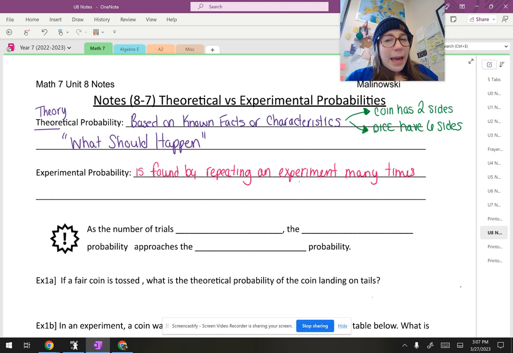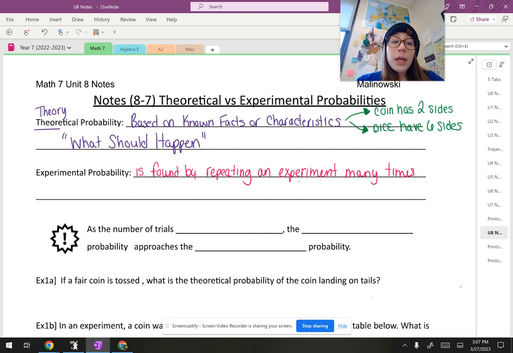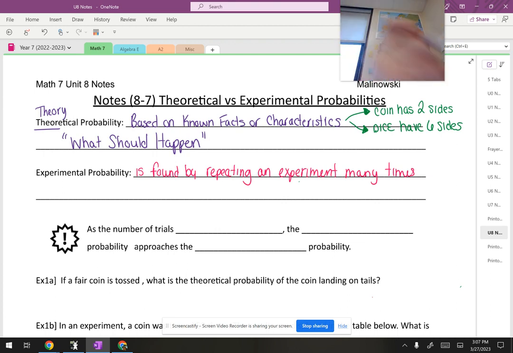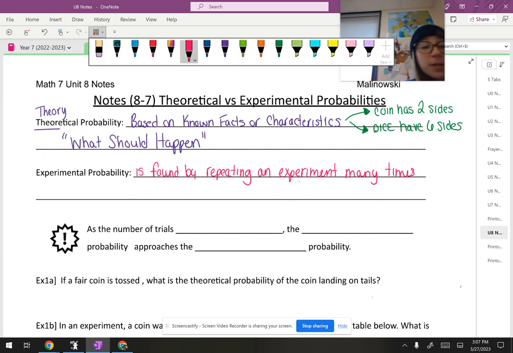But in reality, that's not actually what happens. You can roll the number cube six times and get a 6 each time. Super unlikely, but possible. In theory, if you were to flip a coin 10 times, you should get heads 5 and tails 5 for the 50-50. But that's not what actually happens sometimes if you do the experiment.